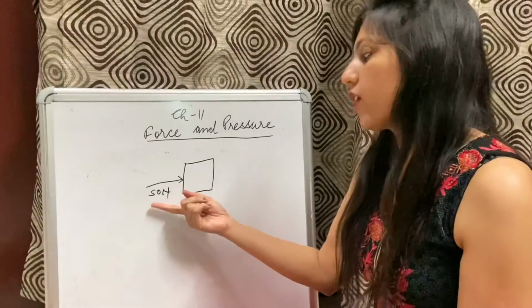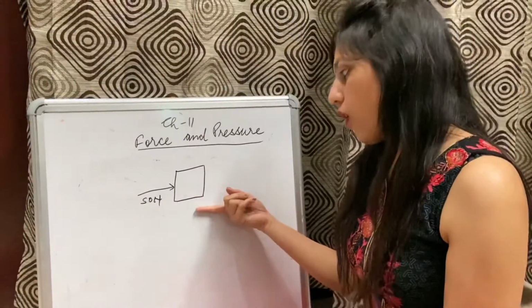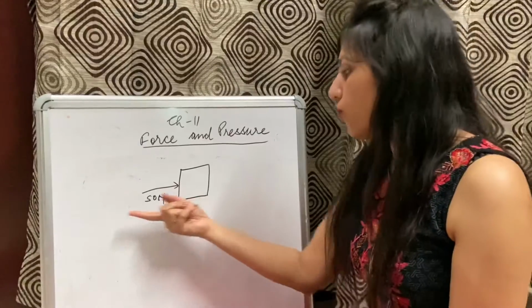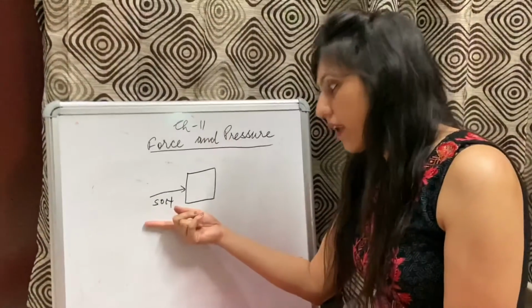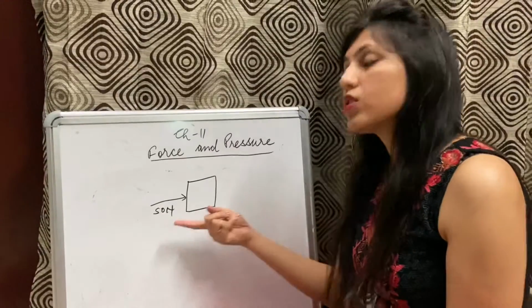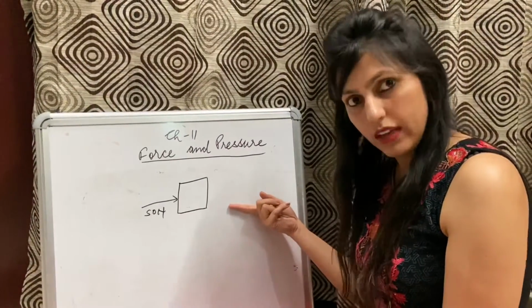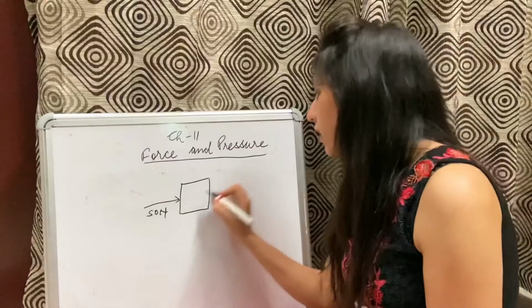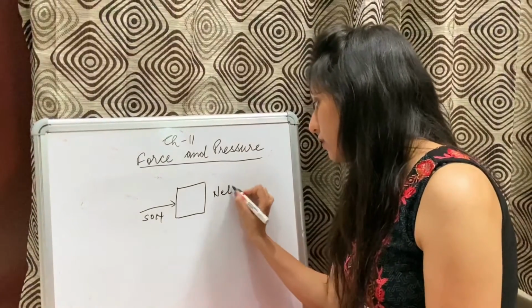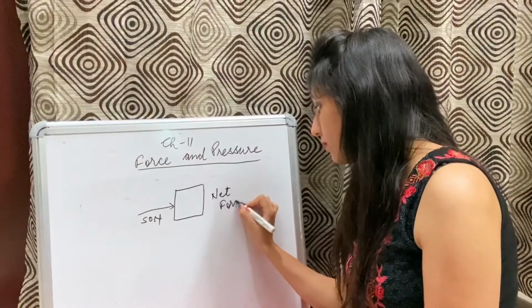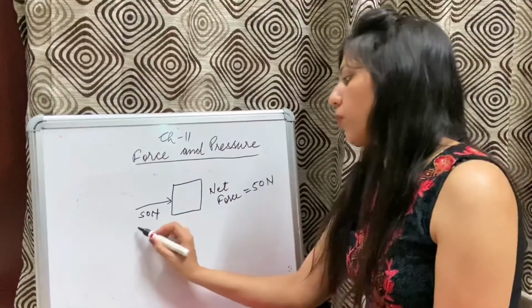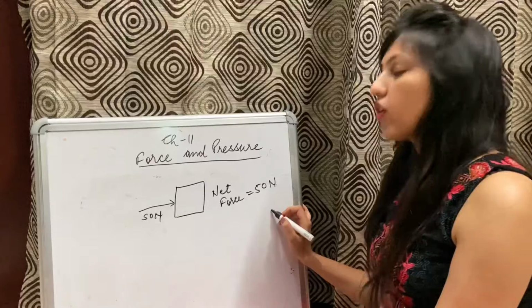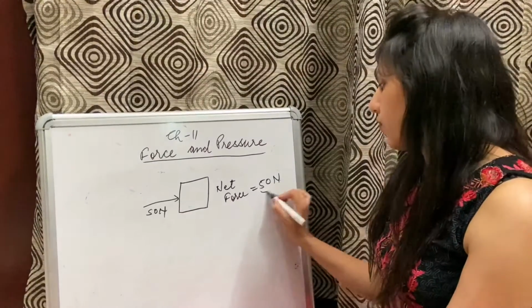Now we are applying 50 Newton on this box, means this box will move from the west direction to the east direction because we are applying the force from the west. So it will move to the east. So the total net force here is 50 Newton. So the box will move in this direction, or the resultant force here is 50 Newton.